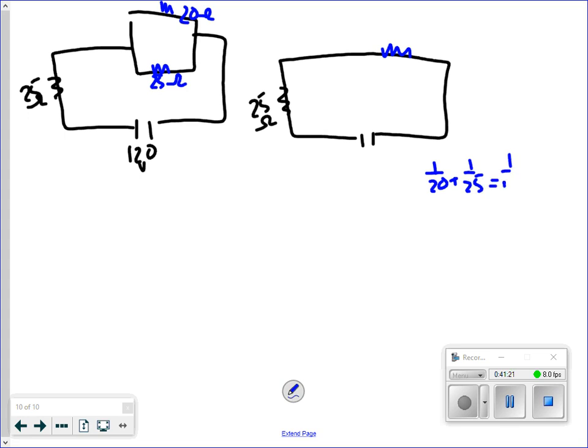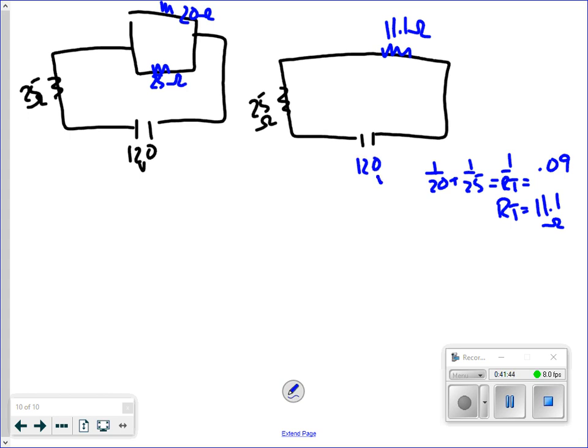This is going to be 1 over RT, and what I get is 0.09, and then when I take an inverse of that, I get an RT of 11.1. So I could replace these two resistors in parallel with a single 11.1 ohm resistor, and it would be the same thing.